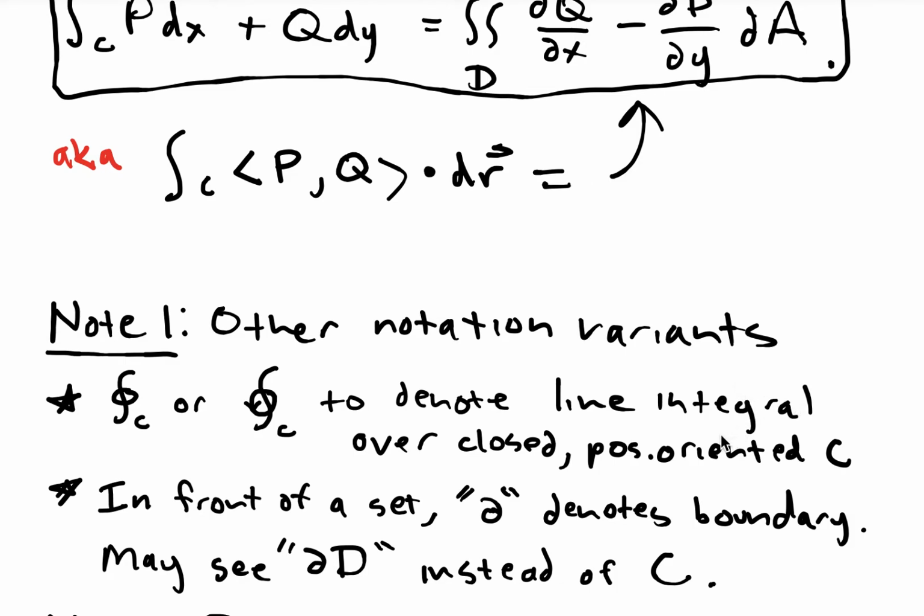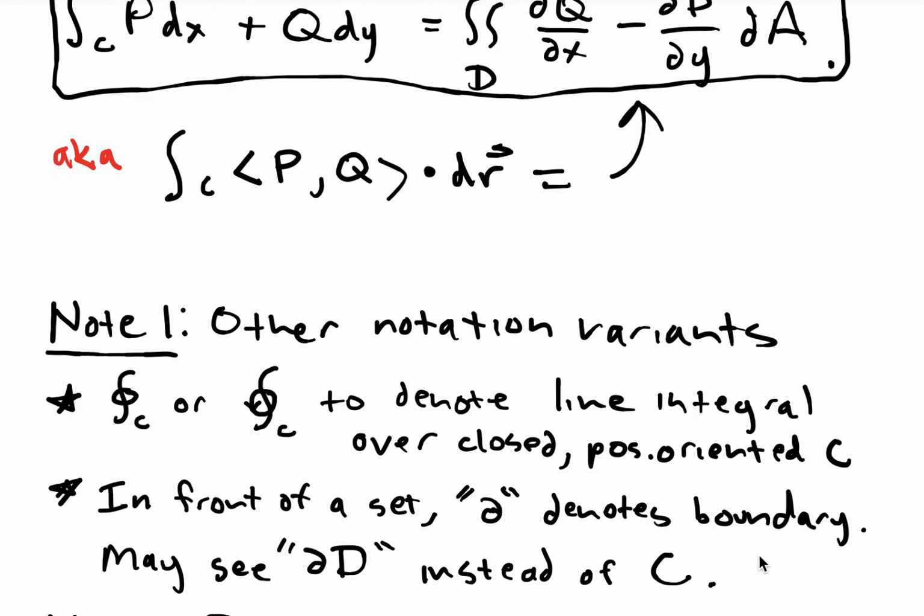Another comment about notational variants, particularly if you're using other sources, is that whenever you see one of these little D-looking symbols, like the ones we use for partial derivatives, sort of like up here, but not in derivative notation, like here, and instead in front of a set, what that symbol means is you're talking about the boundary of that set.